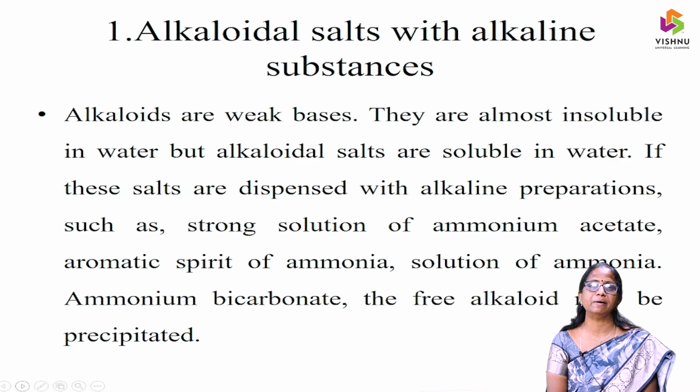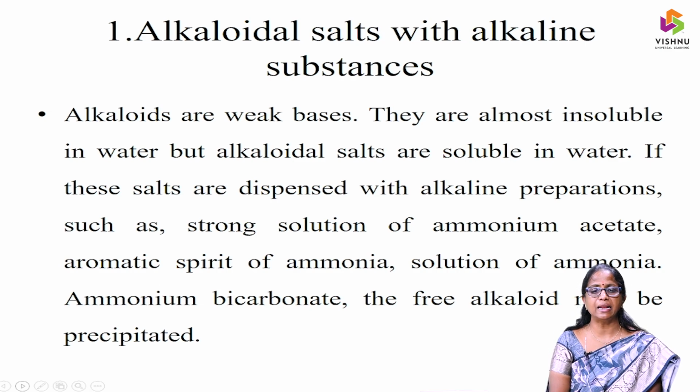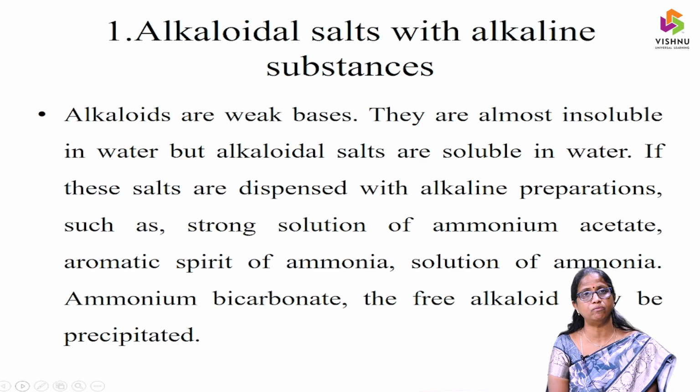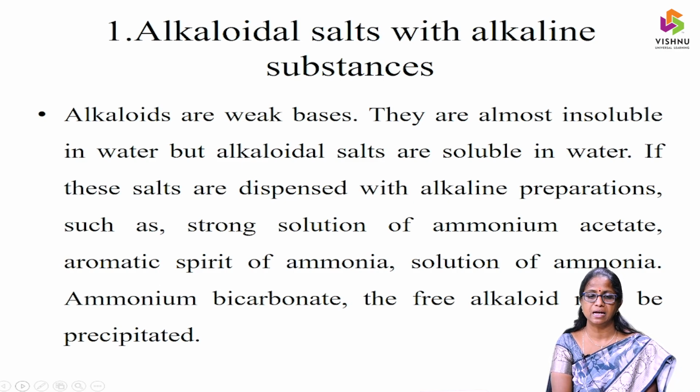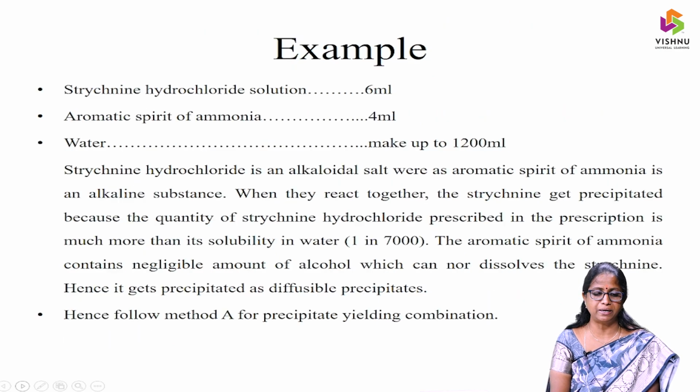We'll discuss some examples related to chemical incompatibility. First, alkaloidal salts with alkaline substances. Alkaloids are weak bases, almost insoluble in water, but alkaloidal salts are soluble in water. If alkaloidal salts are dispensed along with alkaline preparations like strong solution of ammonium acetate or strong aromatic spirit of ammonia, a free alkaloid may be precipitated.